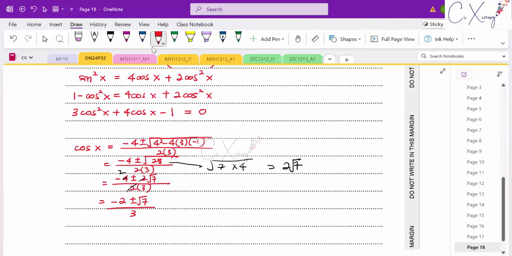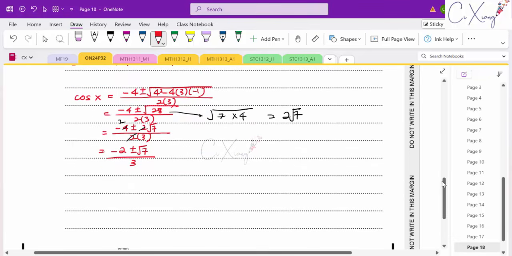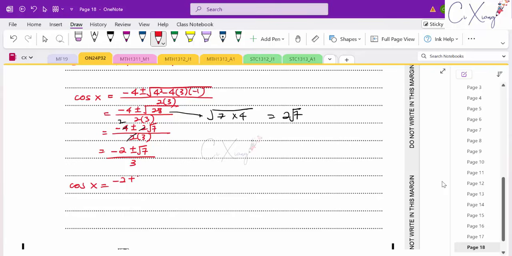So your cos x basically has two different values here. Okay, so cos x is equals to negative 2 plus square root 7 over 3. Another one is cos x equals to negative 2 minus square root 7 over 3. Okay, so you try to press the calculator and get the inverse function, cos inverse.